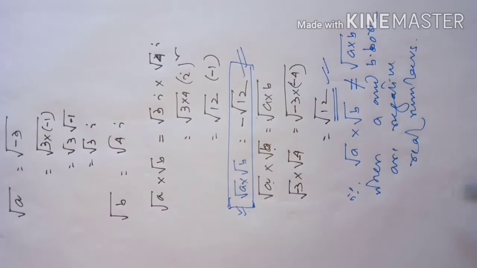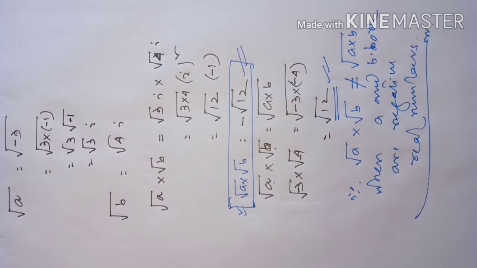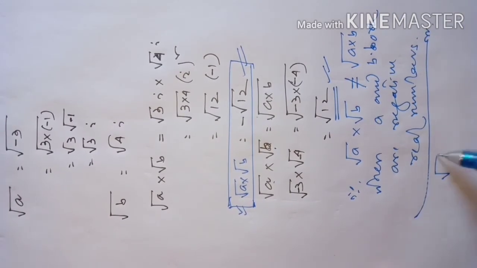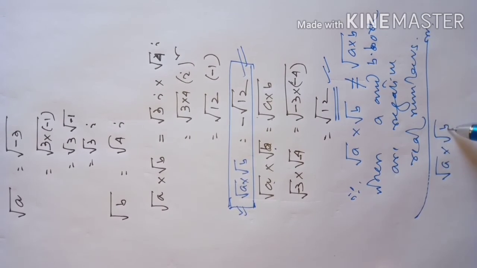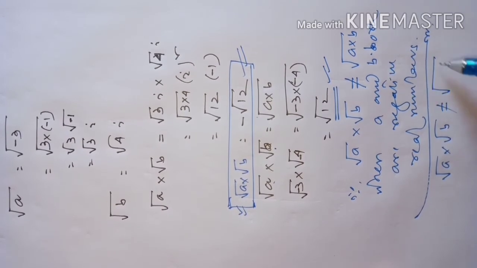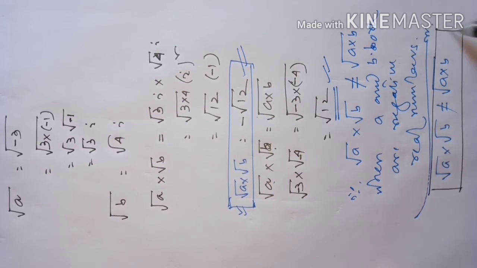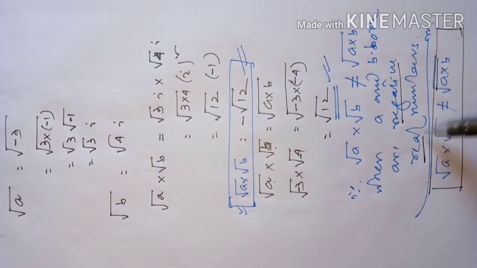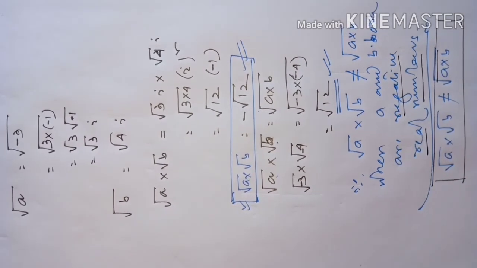Got the idea? Yes, students? So remember this fact: under root a into under root b is not equal to under root a into b if a and b are negative real numbers. Got the idea, dear students?